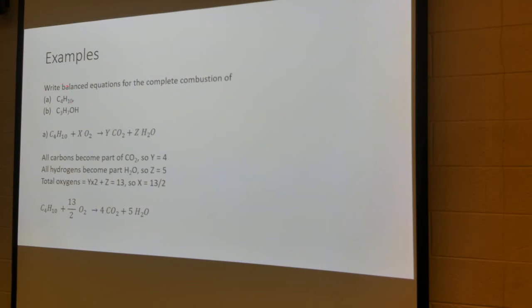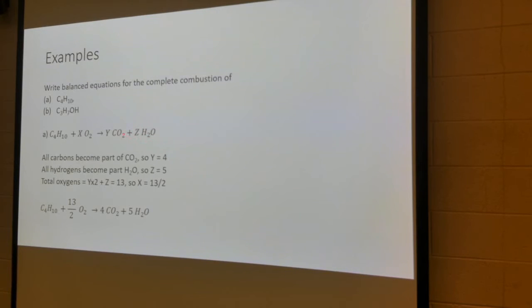Complete combustion adds plenty of oxygen, X of oxygen, in a way that all the butane is converted into CO2 and water. You're not going to have any C4H10, C3, C2, nothing left. Everything is converted into CO2 and water. The problem here is finding the stoichiometric proportions: how much oxygen I need, how much carbon dioxide is going to come out, and how much water is going to come out as reaction products.